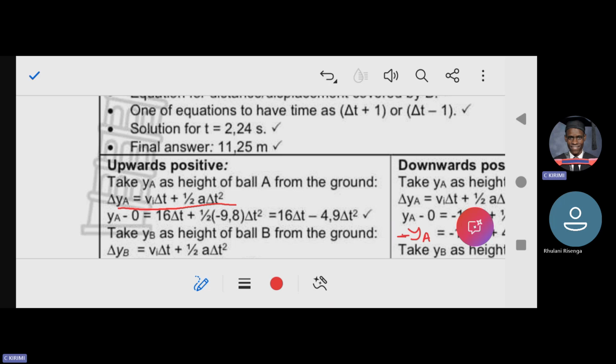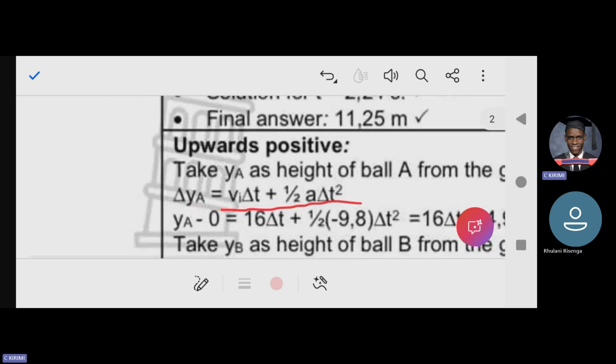Are you fine with the formula first? Yes. Then now we are going to the substitution of that formula while we interpret what is happening. Upwards is positive.